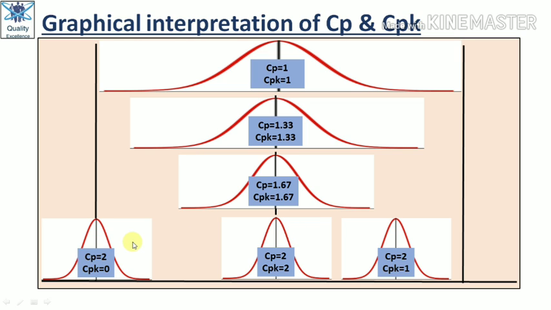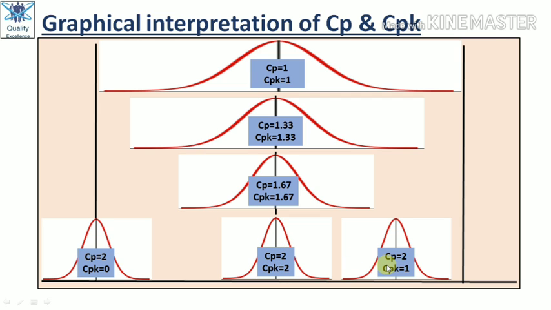And if you see here in this row, here CP remains same in all the cases because process width is same for all the 3 cases, but CPK changes because CPK is related to the centeredness of the process. Here your CPK is maximum because your process is very well on the center line.